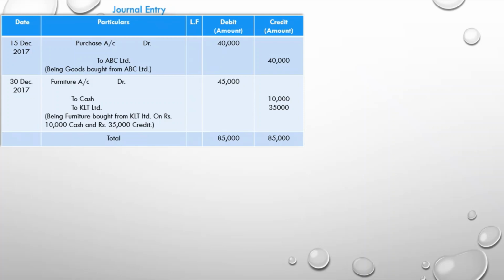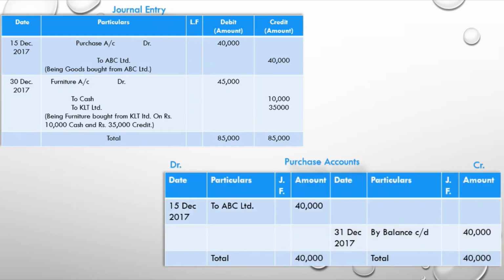While preparing the ledger, you can see below the purchase account ledger, with debit and credit sides, and this is the format of a ledger. On one side you can see the date, particulars, JF, amount, and the same columns appear on the right side.